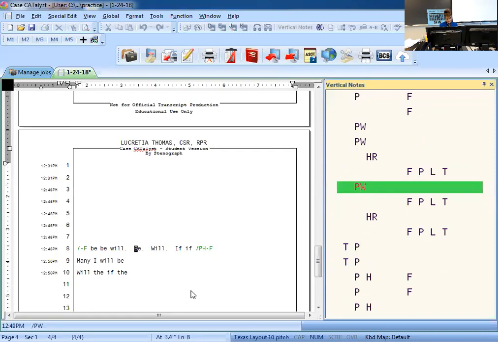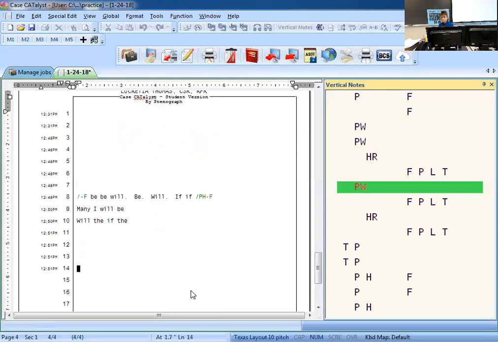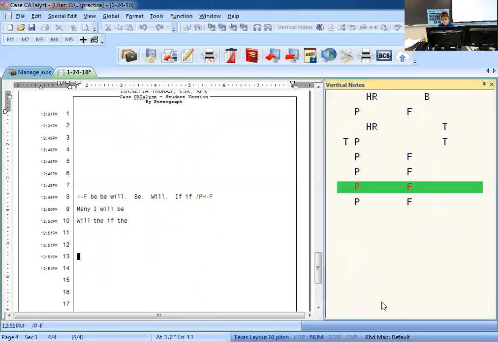And so then over on page 28, you have a review now of everything you've learned. So the letter D by itself is going to be TK. That's D, okay?